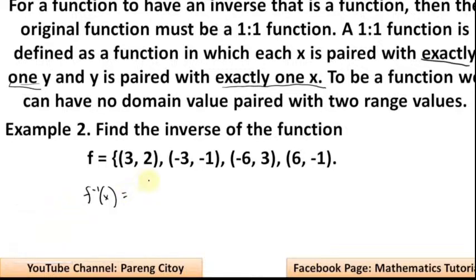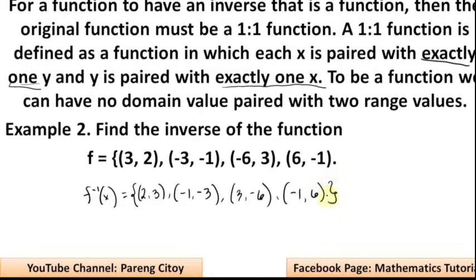Okay. So the inverse of this given function is 2 and 3. Next, negative 1 and negative 3. Next, we have 3 and negative 6 and negative 1 and positive 6.